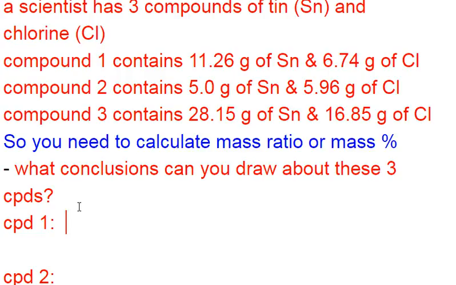So for compound 1, I'm going to take 11.26 grams of tin and divide by 6.74 grams. And someone tell me what you get there. Like 1.8 maybe?